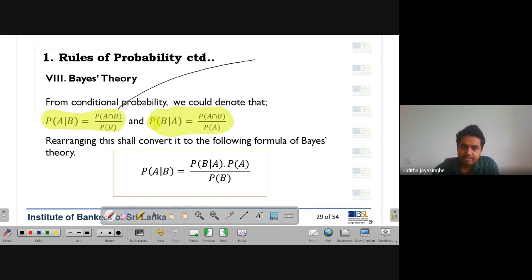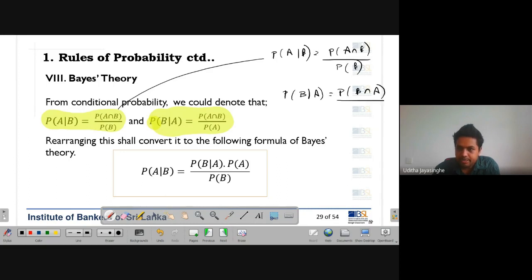Either way, you write probability of A given B, you start the top part with A intersection B, divided by probability of B. One could be getting a little confused, so let me just quickly rewrite. If you write probability B given A, this is going to be probability B intersection A divided by P A. But I just want to quickly highlight this fact.